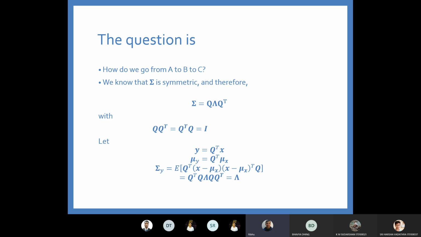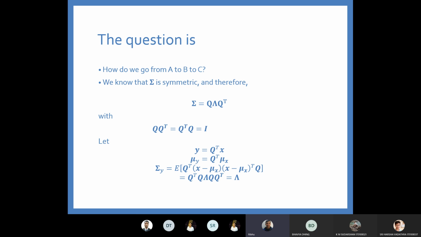So let's say I define y equals Q transpose x. When I define y equals Q transpose x, the expected value or the mean will now move to Q transpose mu X, which is on the expected lines, and the covariance matrix will now look like this.